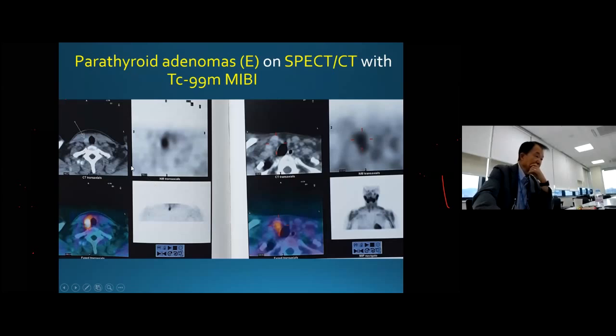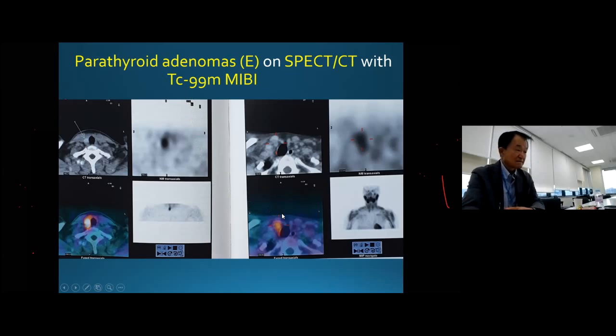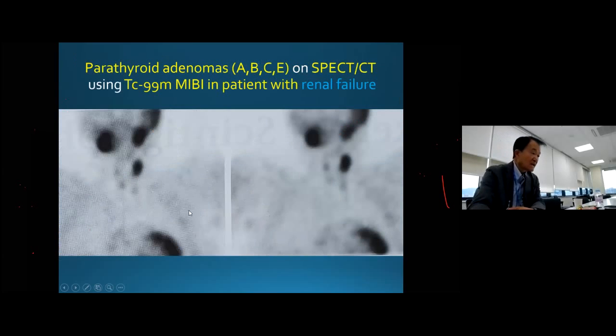Okay, and this one is here, right behind the thyroid. So that's an E type, the most common type, E. And then some are multiple adenomas, or some maybe hyperplasia.